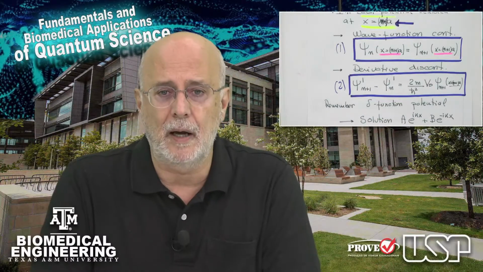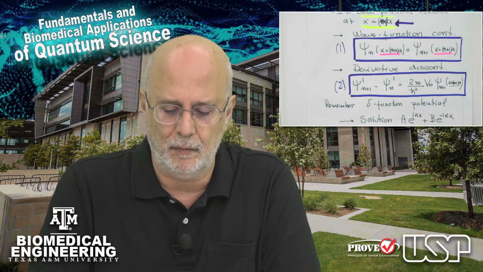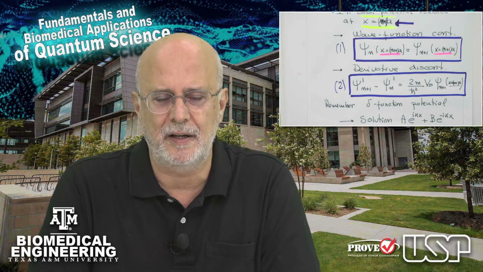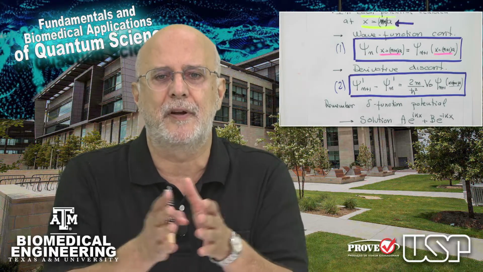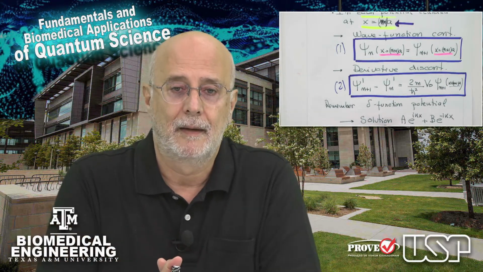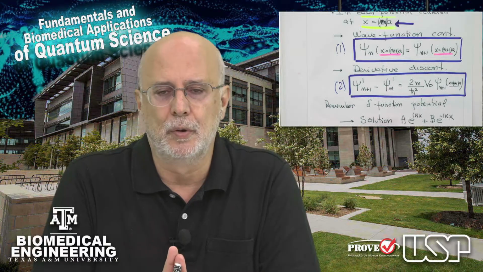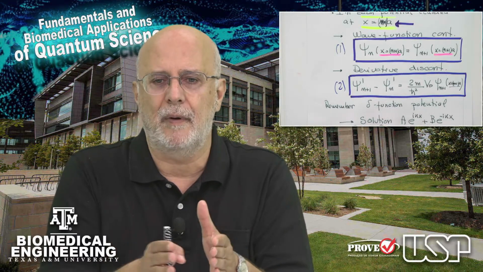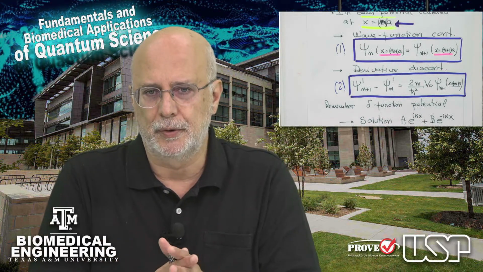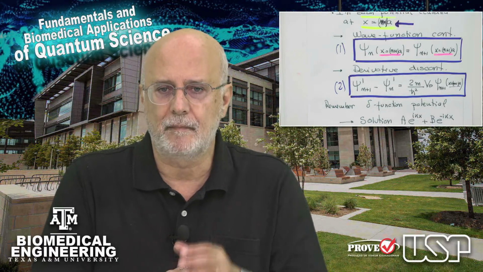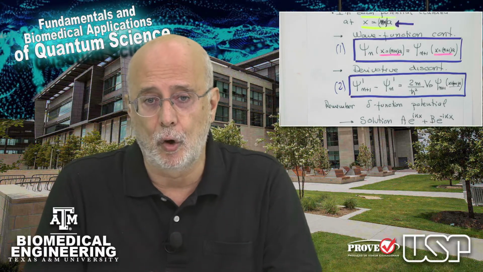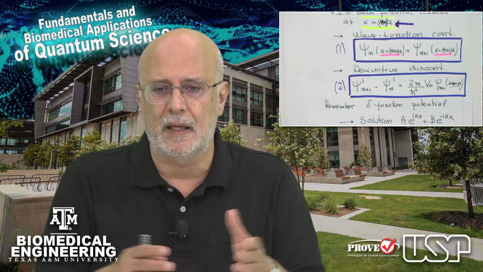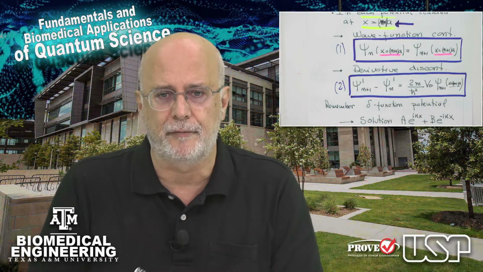Now, another thing I want you to remember is that when we solve the delta function, it's a very interesting problem because the particle is free everywhere, right? There is no potential anywhere else.